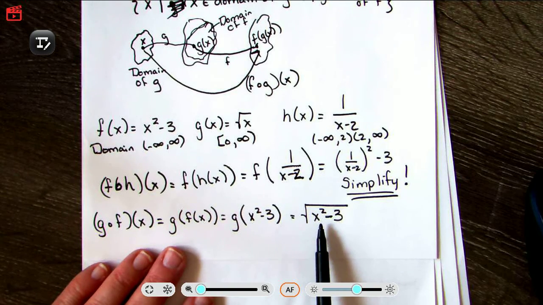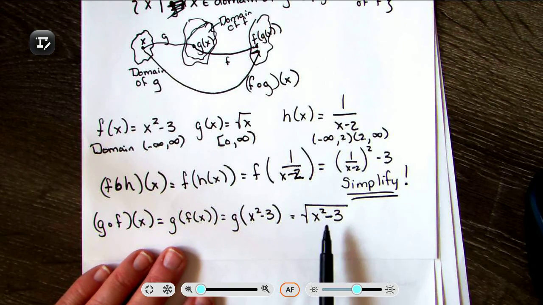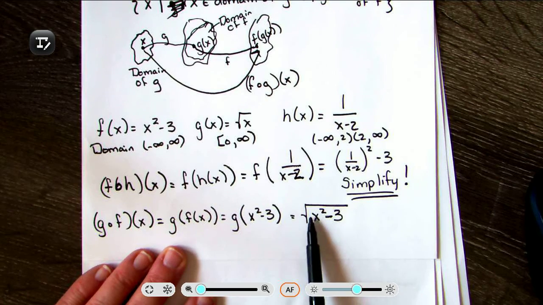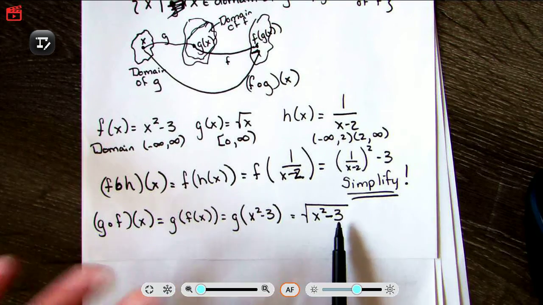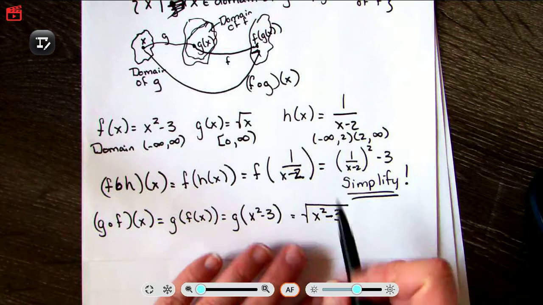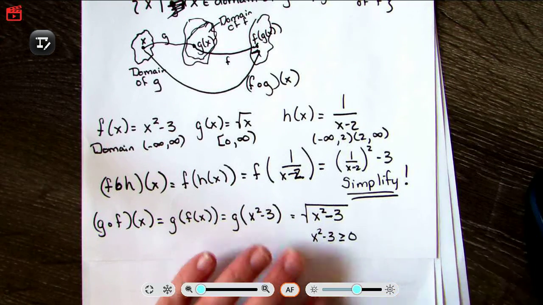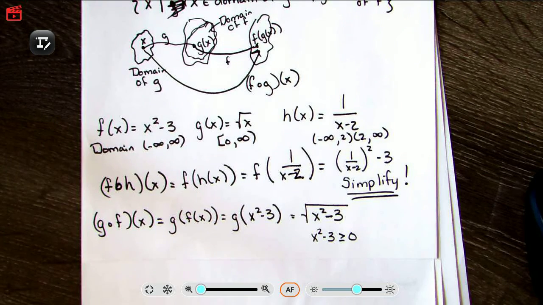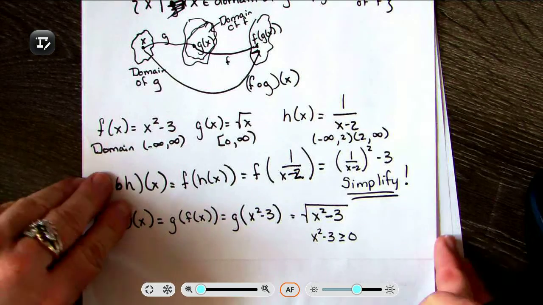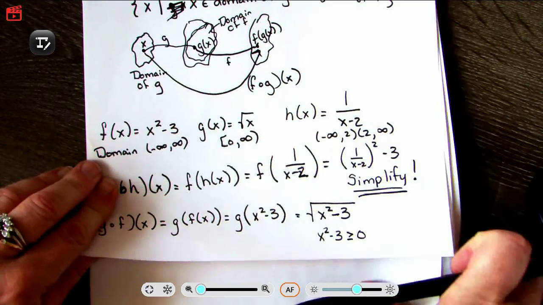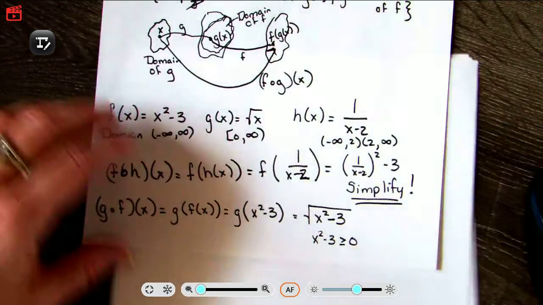Here we have to be a little bit more careful because we would need to make sure that this x squared minus 3 is greater than or equal to 0. We haven't figured out exactly how to solve that yet. That's coming up in a later chapter. Hence the reason we're not going to spend a lot of time working on domains of composite functions, because it can get very, very complicated.